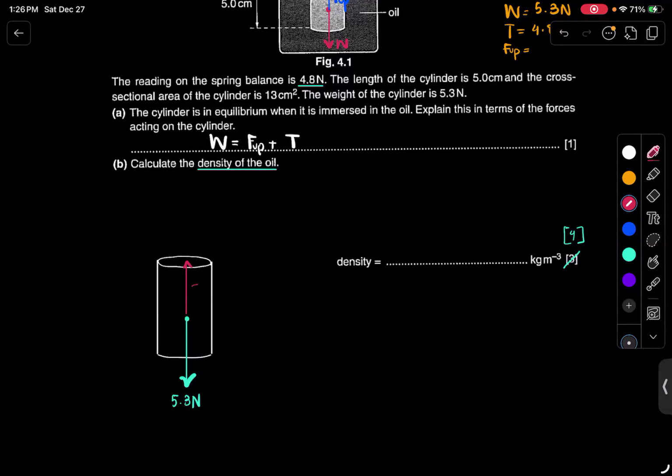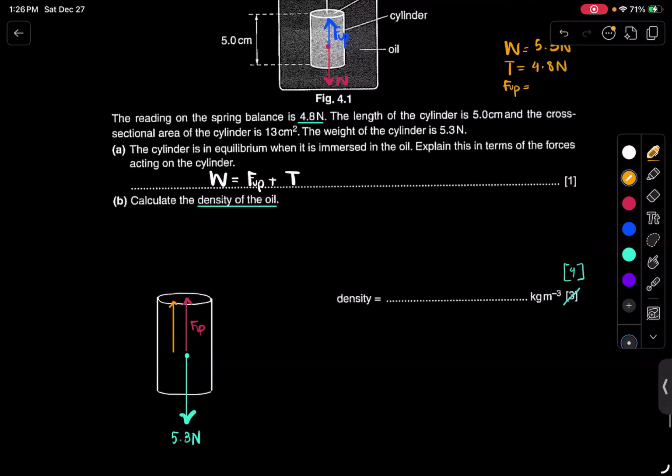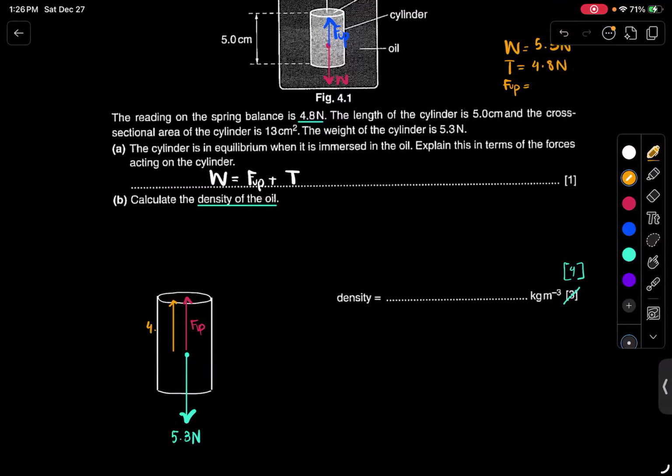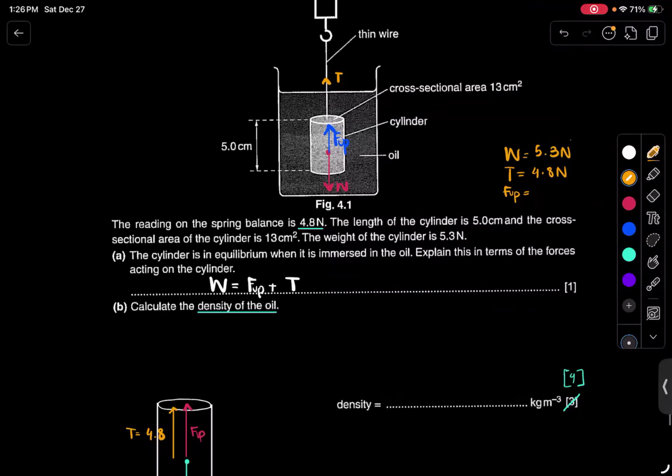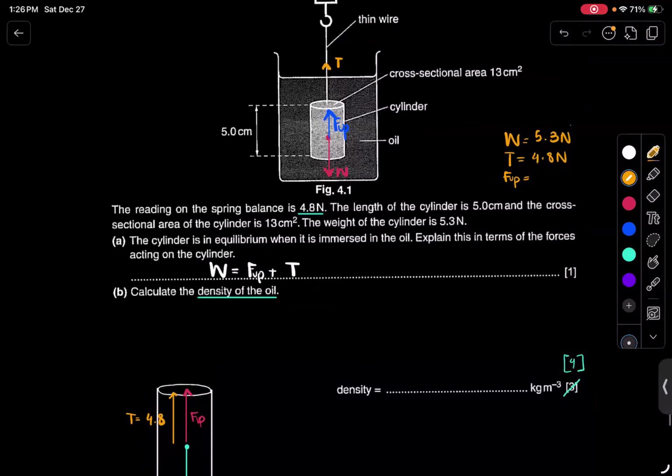So upthrust is unknown, but I do know what the tension value is. 4.8 Newton is equal to the tension. Okay, sounds good.